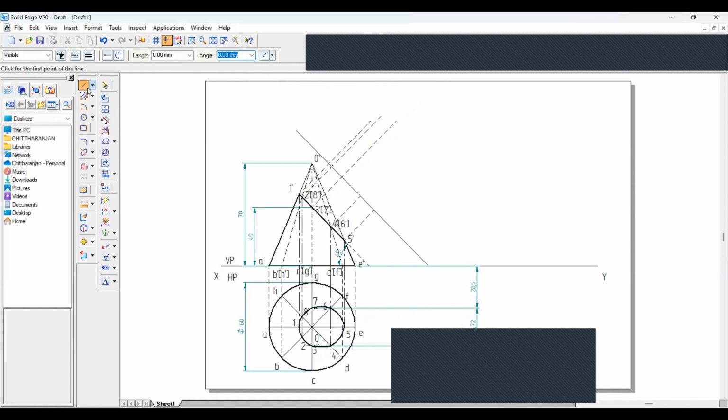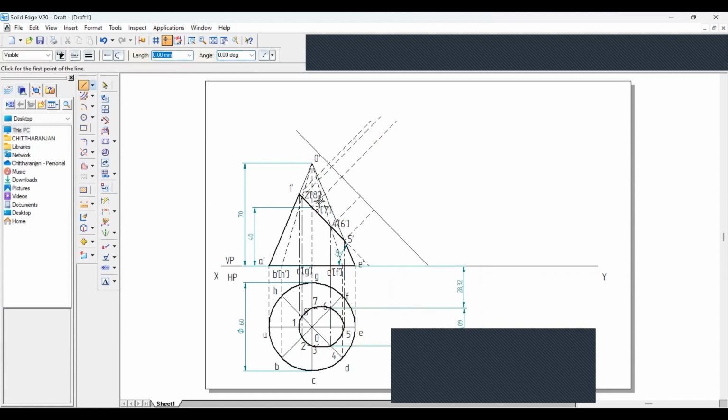You have made it. Now again check the dimensions. From this axis to this, and again from this point to this end point.